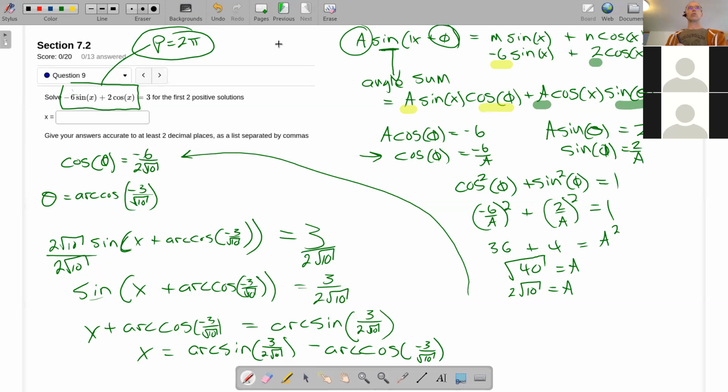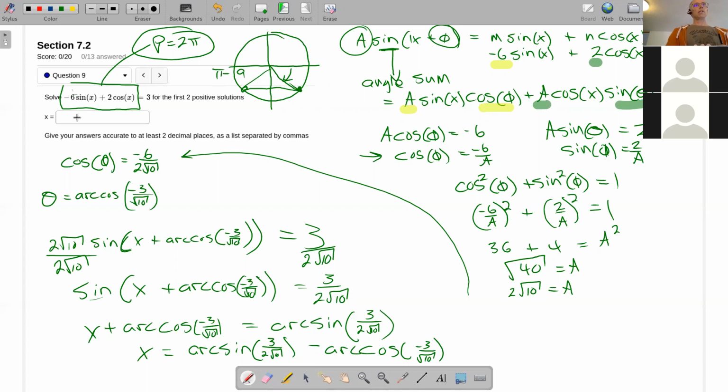When we're looking at solutions for sine, once we find one solution, let's suppose we found a solution over here, sine on the unit circle is a y value, remember, so the other solution is always pi minus whatever your first solution is.